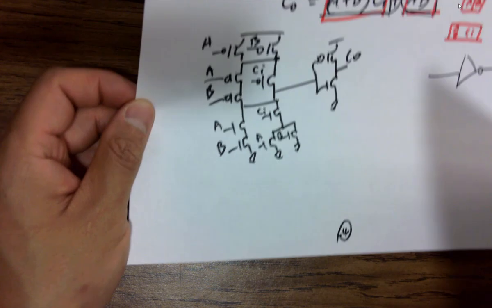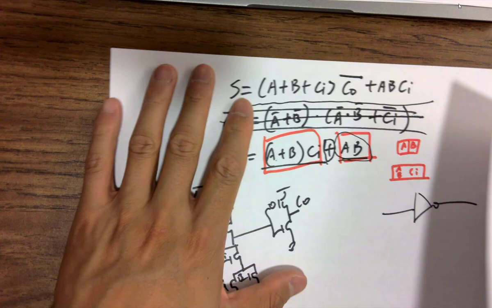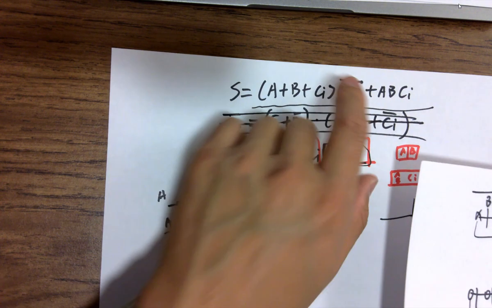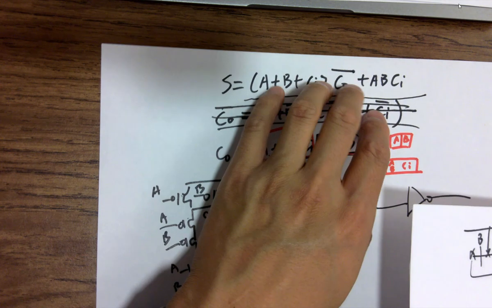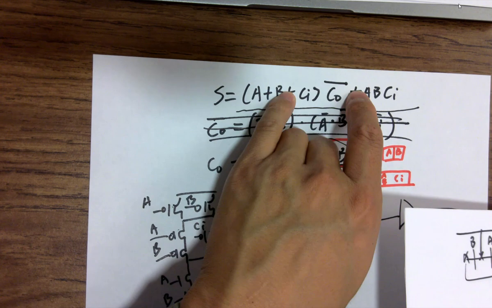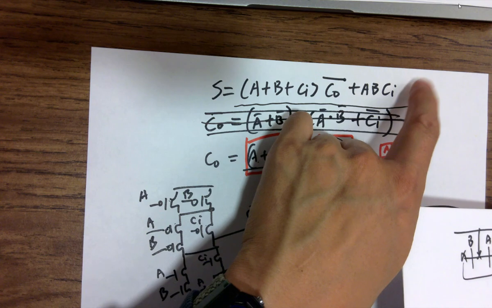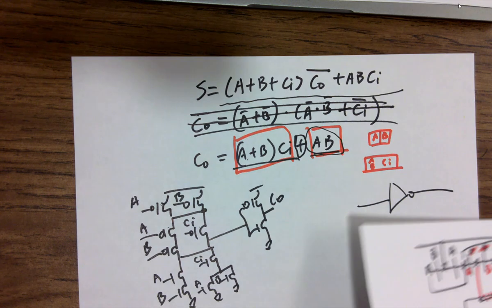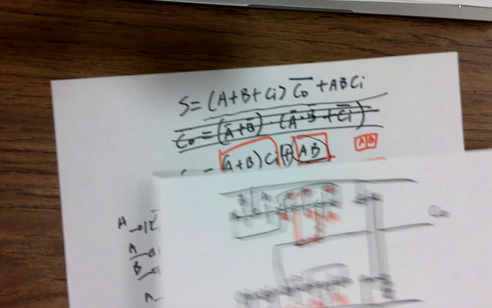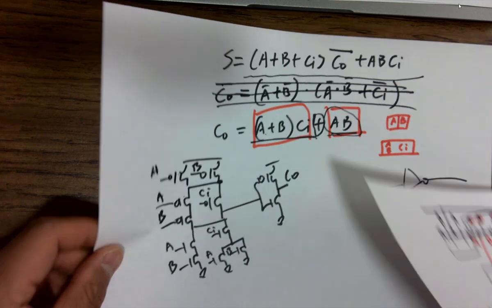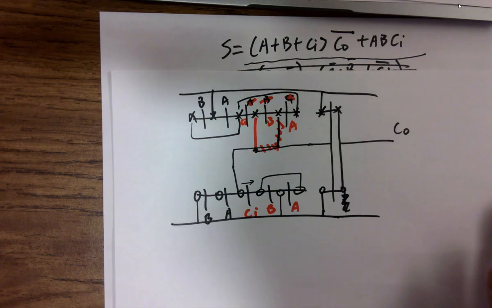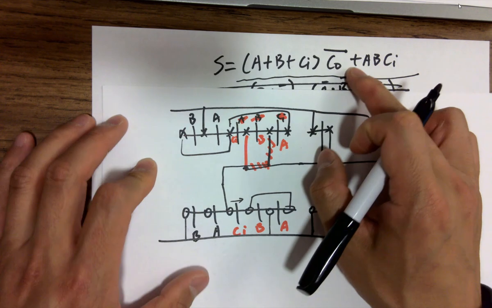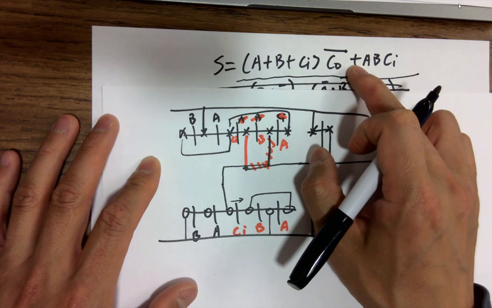So for S, you can see there's no bar on the top. For this case, there's a lot of logic inputs. We don't want to complicate it. So let's directly use this logic, and then add an inverter on the back. Let's do the schematic first. So that's a NOR gate, right?